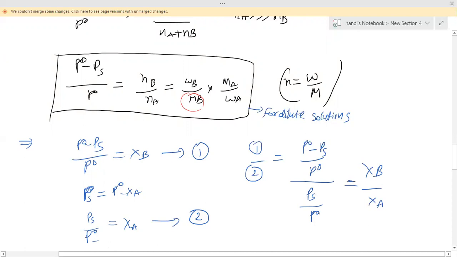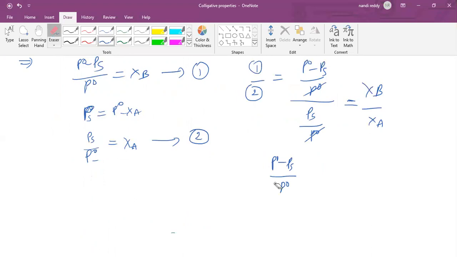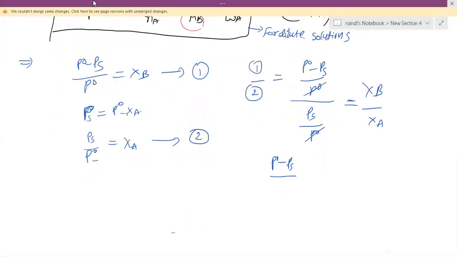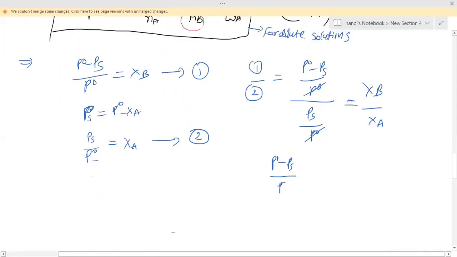So P naught will be cancelled. Then we finally get (P naught minus PS) by PS equal to XB by XA. You can try on paper also, you will get it perfectly. That is nothing but NB by NA, because the total number of moles cancels each other.